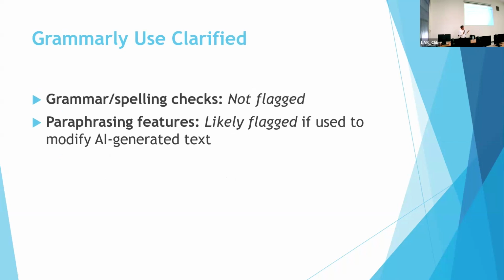But if you start from AI and use Grammarly to paraphrase your text, Turnitin will flag it and say, hey, I don't think this was prepared by you, I think you prepared it with AI. This is what you can upload and what Turnitin can detect, AI and similarities.